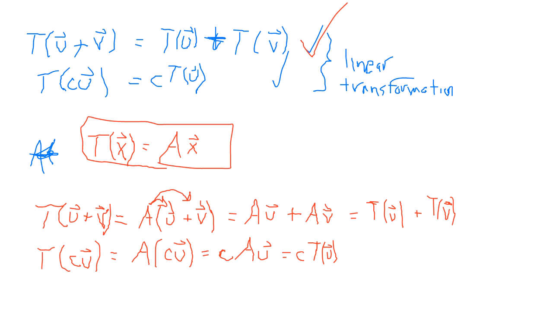So now the second condition is satisfied. Whenever we pre-multiply a vector X by a matrix A, that is a linear transformation. And so any properties that are satisfied by a linear transformation will be satisfied for A times X.